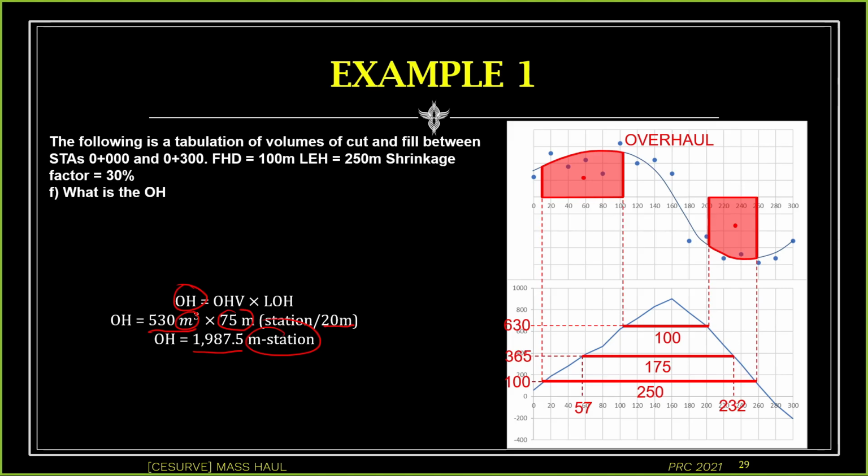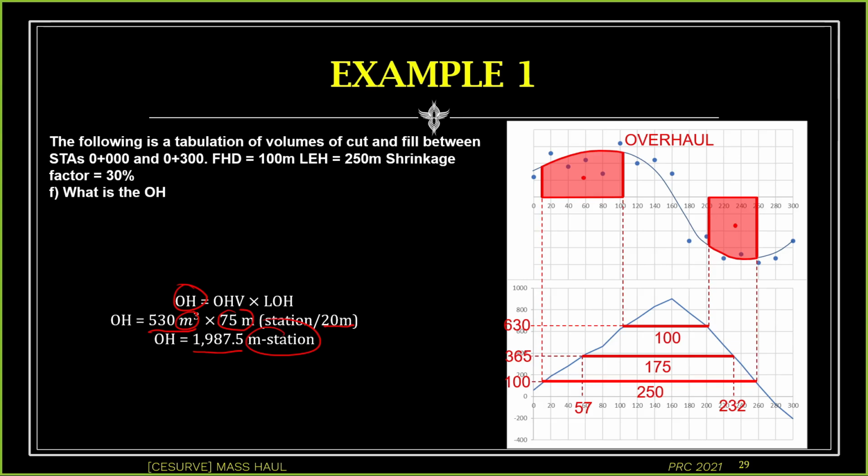And if may tanong kayo, use the chat box or your microphones. Okay? Very straightforward to. Medyo procedural lang talaga. Okay? Procedural lang siya pero kayang-kaya. Okay?